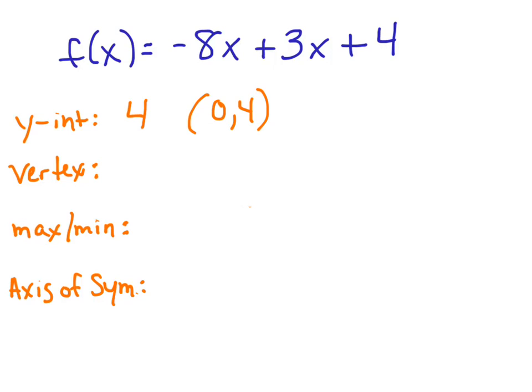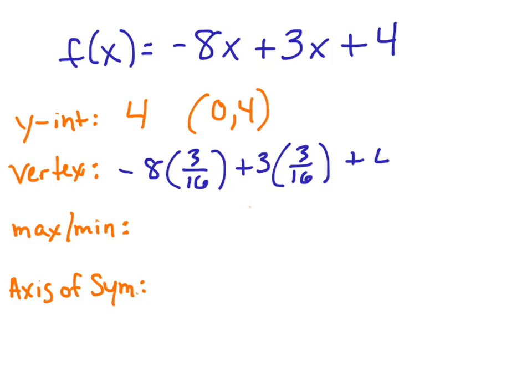All right, so I will do that now. Negative 8 times 3/16 plus 3 times 3/16 plus 4. So we can do some canceling here. Let's divide each of these by 8. That gives negative 1 and 2, so that's negative 3 over 2 when I multiply.